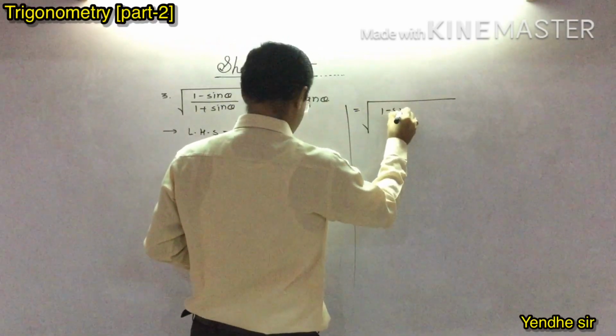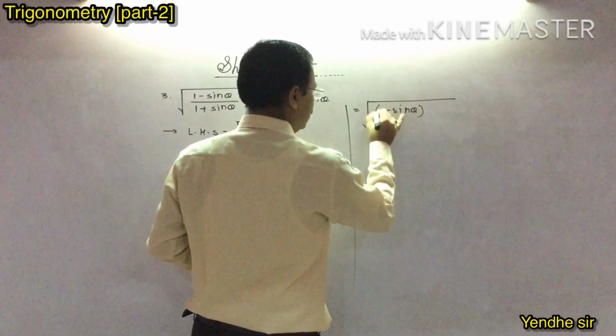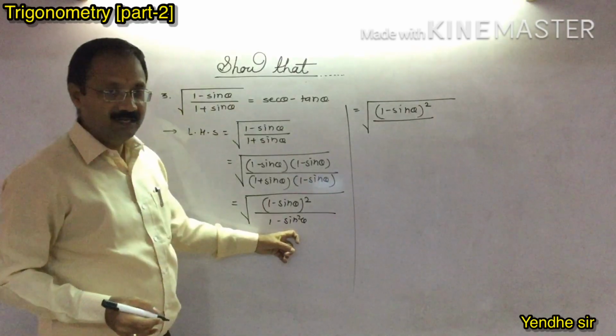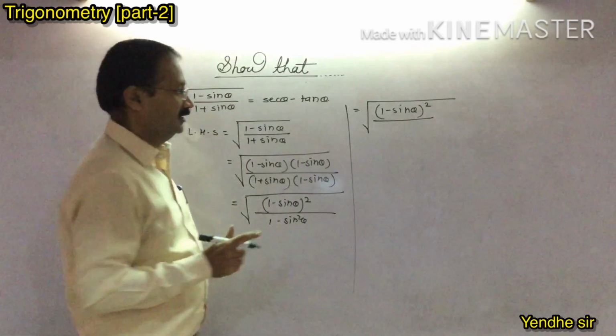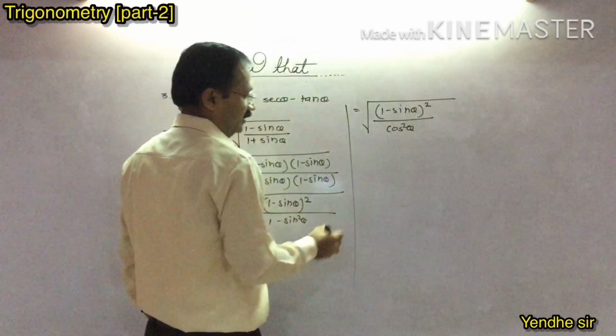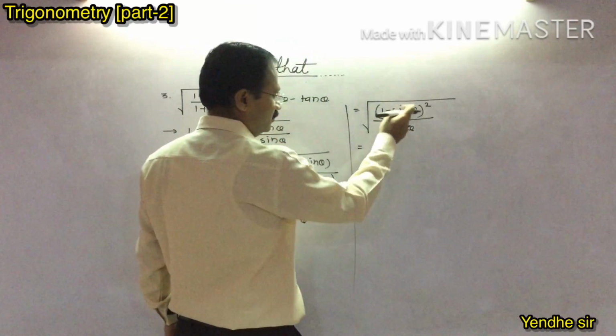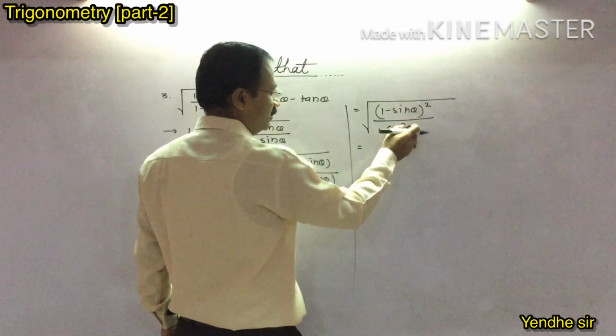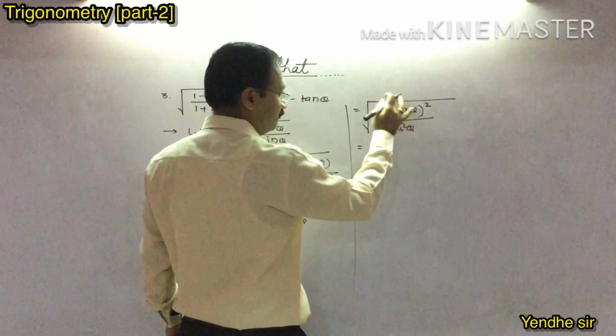(1 minus sin theta) bracket square will be as it is. But 1 minus sin square theta, we know the formula for this one: it is cos square theta. Now I am going to take the square root. This is square and this is square; if you take the square root, square and square will be cancelled.